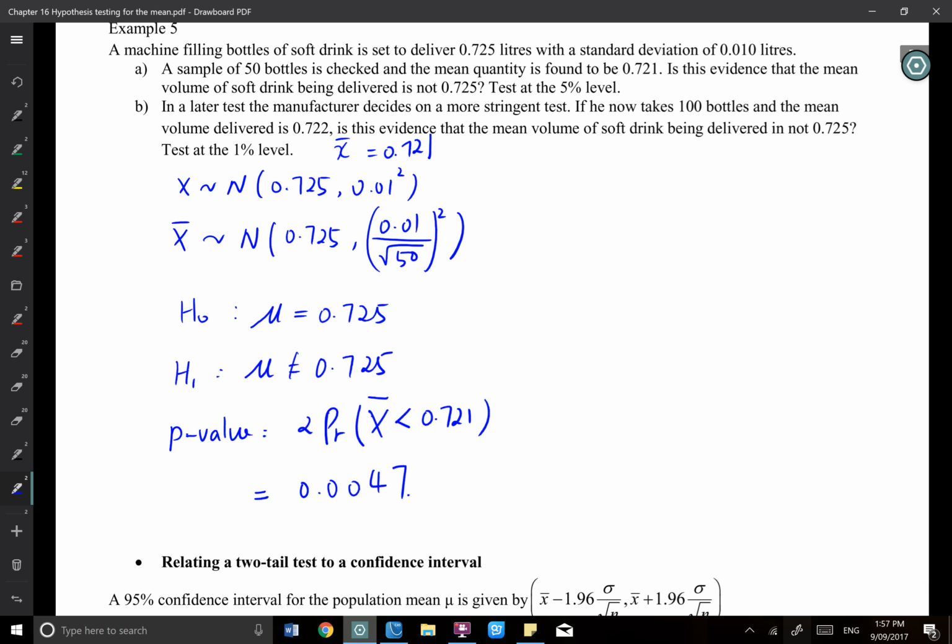And then what I will use is not 5%, it's 1%. So I'll look at the p-value. It should be two lots of the extreme observed value. So x bar needs to be less than 0.722.